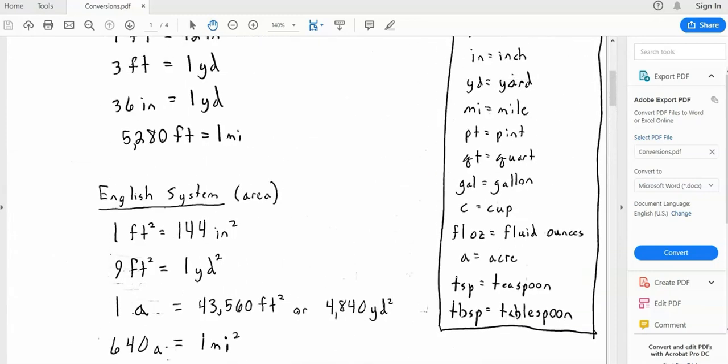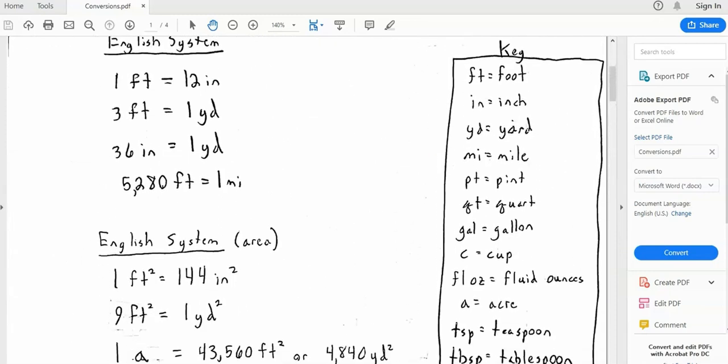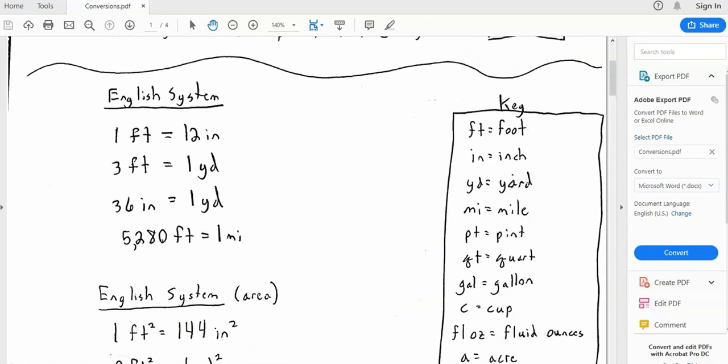Then what you have down below is some other things. Right over here, you have a key of all the different abbreviations that you see in these conversions. All these conversions right here are within our American English system. So going from feet to inches, feet to yards, inches to yards, feet to miles.